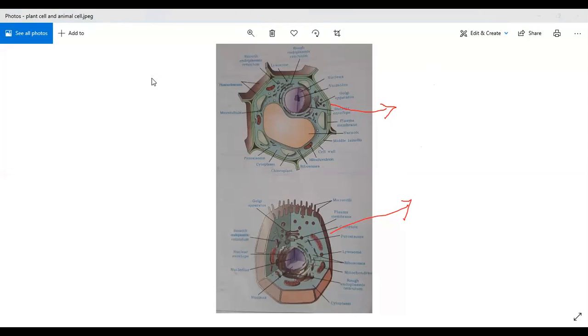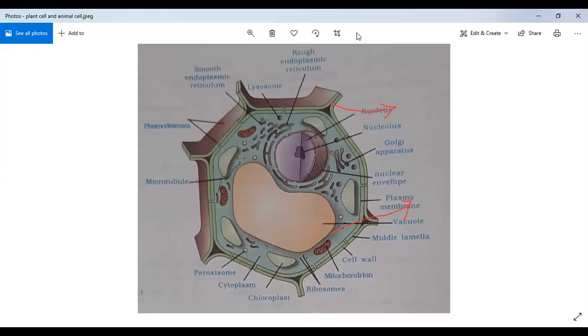The plant cell differs from an animal cell by having a cell wall. We see this part as the cell wall, which cannot be seen in an animal cell. And there are chloroplasts here, these structures, which are present only in plant cells. And this is the vacuole. These vacuoles are also present only in plant cells.